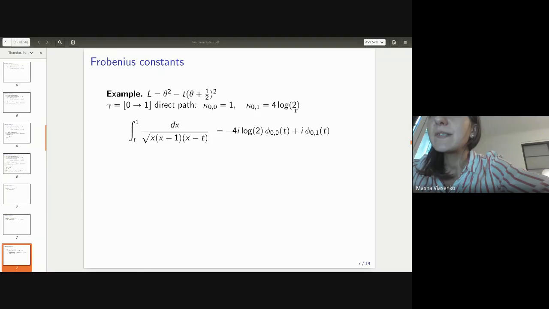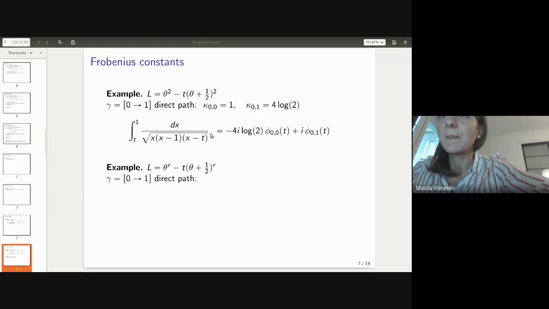And this shows us that if we make this linear combination, then it will be analytic at t equals 1. The proof of this fact is to show that this integral is analytic at t equals 1. It's an analytic solution.